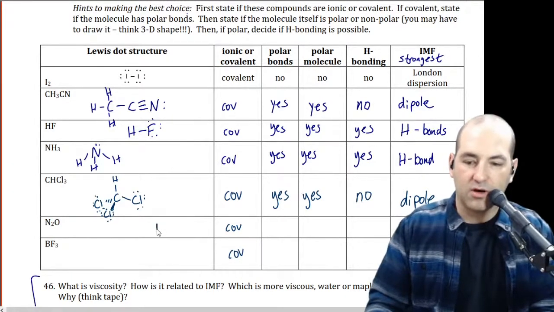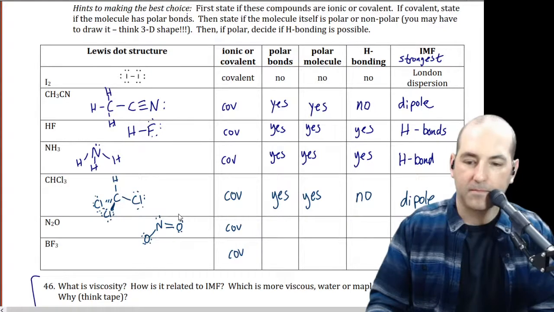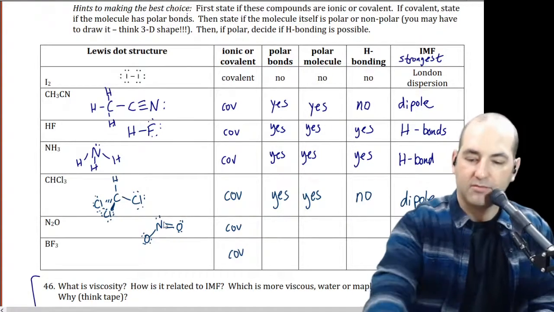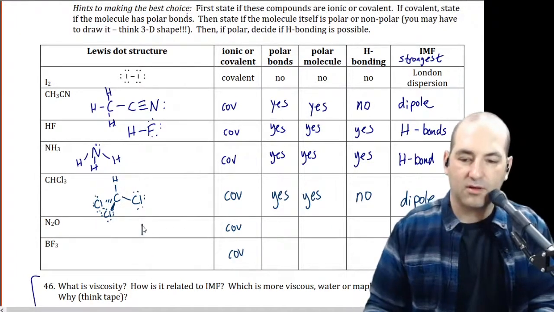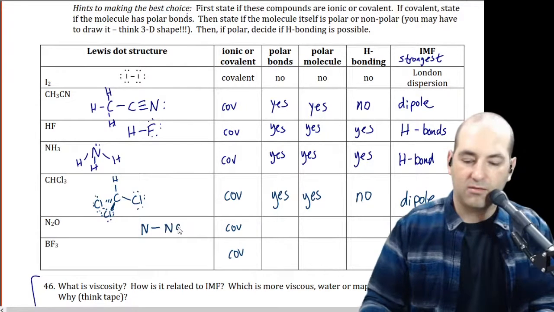All right, for N2O, we've got this structure. Oh, sorry, that's an O2. N2O is NNO.